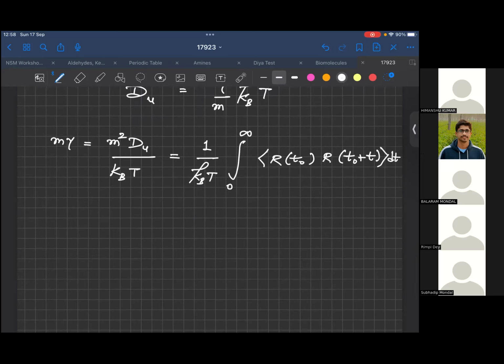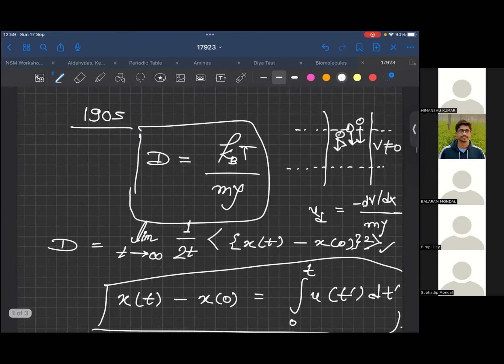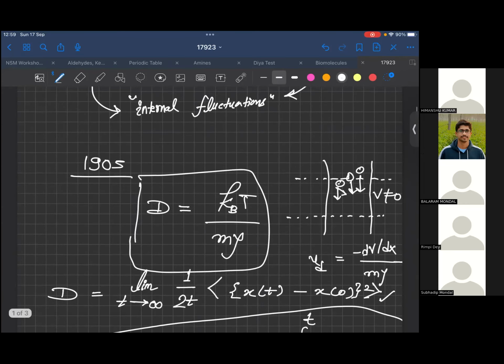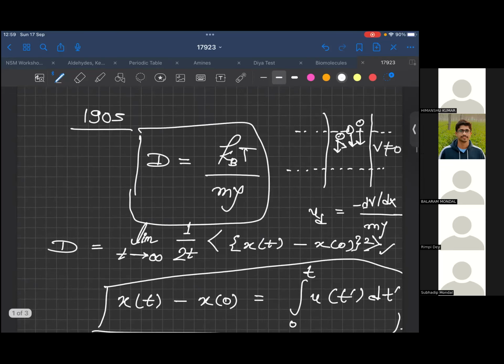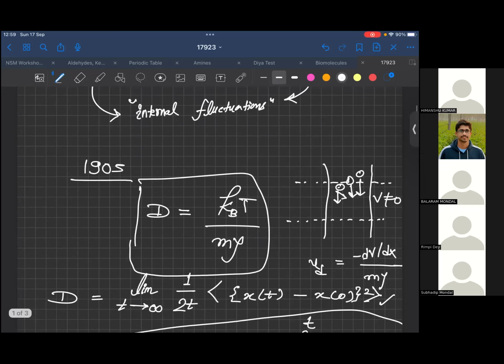Now we can consider, just like when I showed you the streamline motion of the liquid particles in this tube, where at a certain position we considered the potential was not equal to 0.